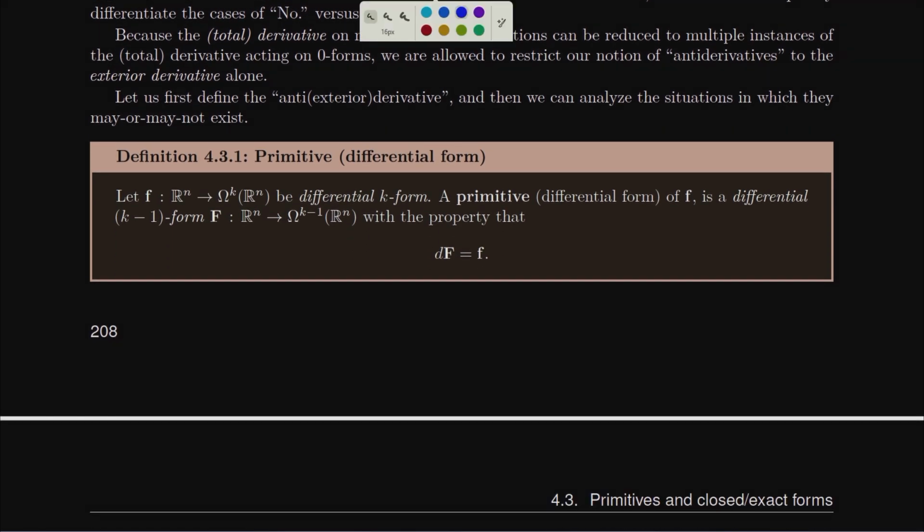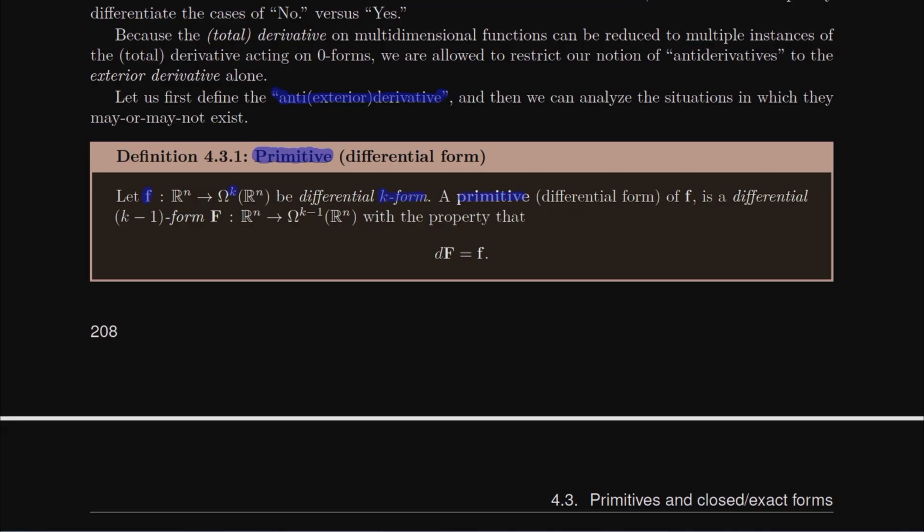So in the context of what I'm going to call anti-exterior derivatives, since we're computing the exterior derivative lately, we call these specific anti-exterior derivatives primitives. Okay, so a primitive or a primitive differential form just happens to be, if I start with my lowercase f, I'm going to have lowercase f be a k-form.